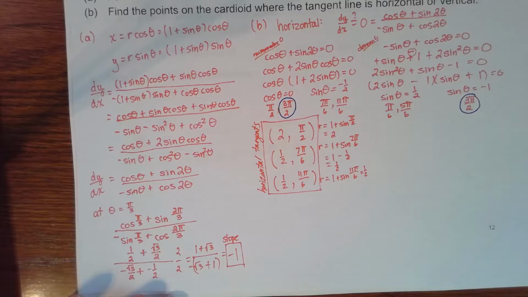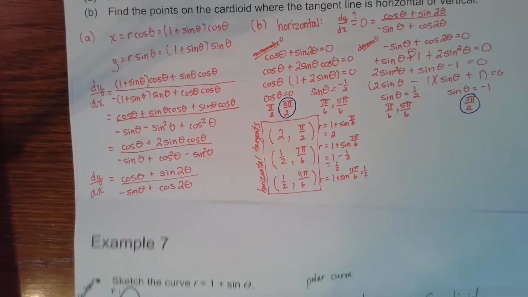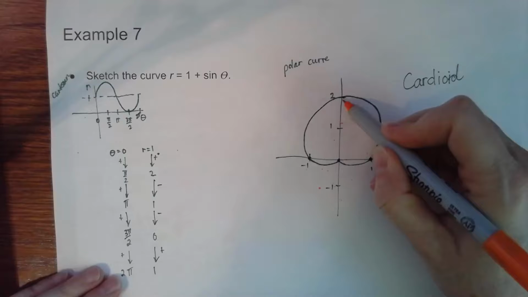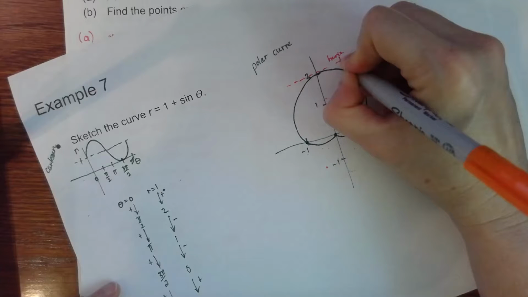Okay, now if we go and look at our example back here, think about whether this seems right. So at the point 2, pi over 2, so here's the angle of pi over 2, sure enough, we have a horizontal tangent.